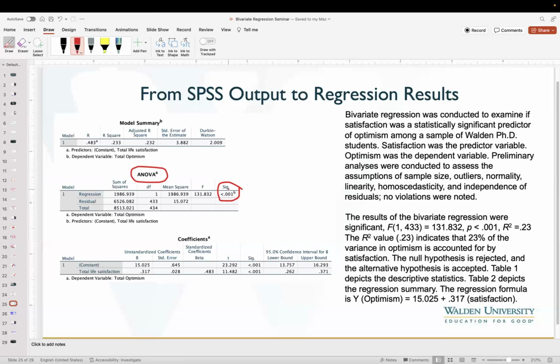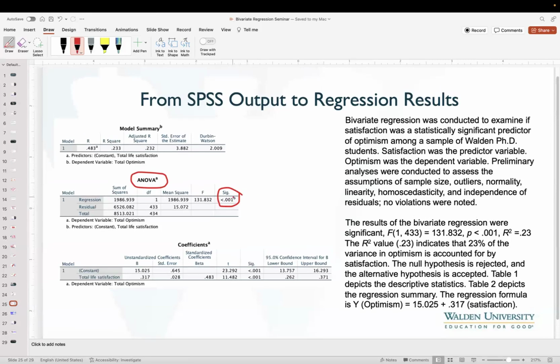Yes, it does. There's the answer to your research question in very simple terms. That's it. Yes, it is a significant predictor. But unlike last night when we did correlation, we're going to look at now a little bit more information. We're going to start learning more about this relationship.